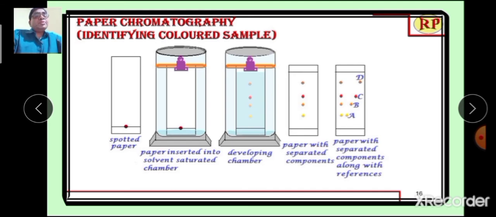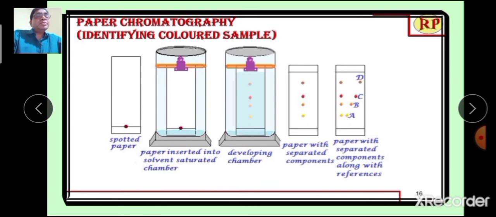If the separated components are colored, they can be easily located, while if the separated components are colorless, then they may be located by using reagents like ninhydrin and exposing to ammonia.